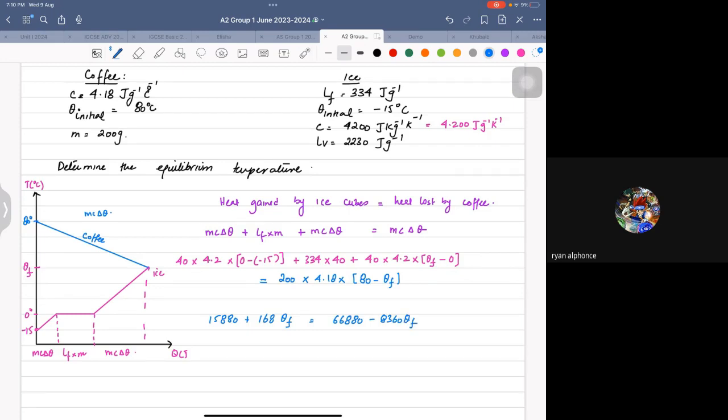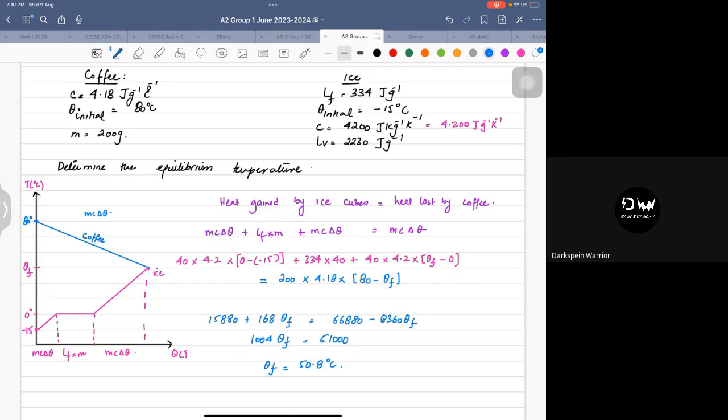You can actually see, just take theta f on this side. So it's going to be 104 theta f equals to 51,000. So you divide that. The final equilibrium temperature is going to be 50.8 degrees Celsius. Is it clear? Yes, sir.